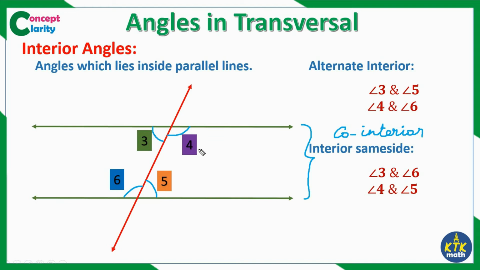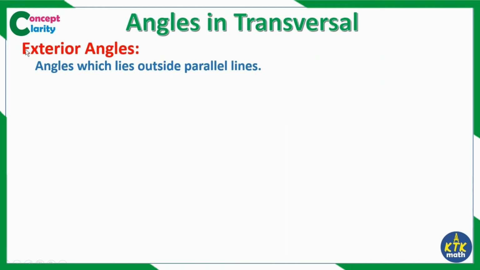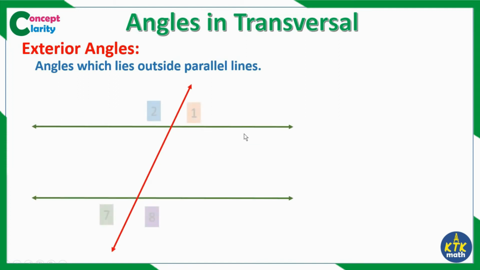Now, in the same method, we are going to recall exterior angles. Exterior angles are exactly the same as interior, but while interior angles lie inside the parallel lines, here the angles lie outside the parallel lines. The same lines I am going to take. In this case, you just imagine these four angles, that is 1, 2, 7, 8.